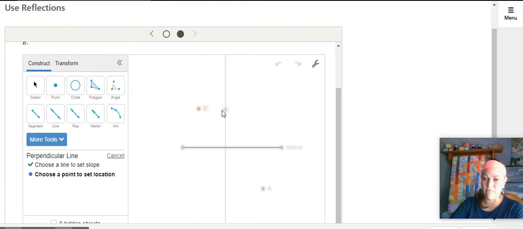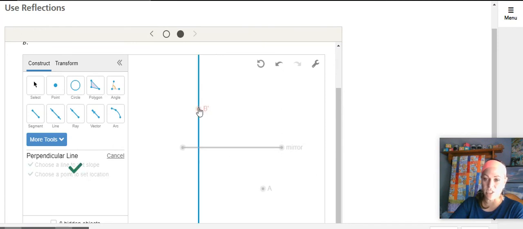Get used to messing with these tools, because some of the quiz questions and homework questions will have these types of tools on them. So I've got this perpendicular line going through the mirror, or the line of reflection, and then I'm going to click a segment. And again, if you find a better way to do this, go ahead. This is the way that works for me. And I want this from this point here to point B prime.